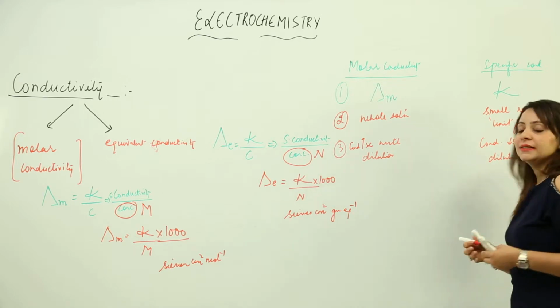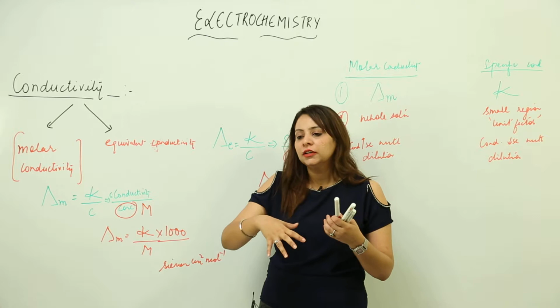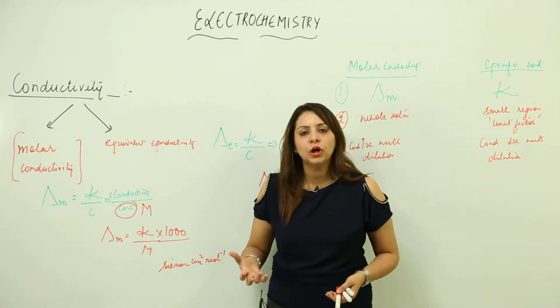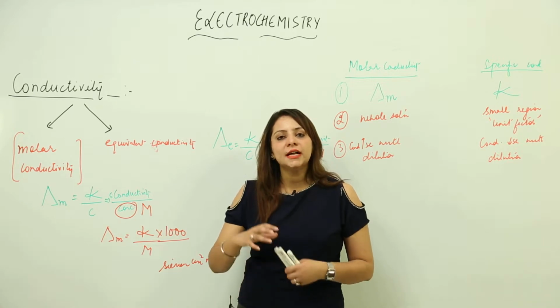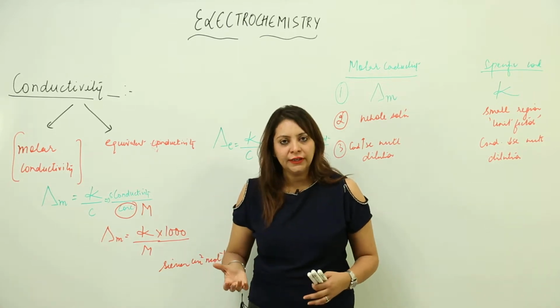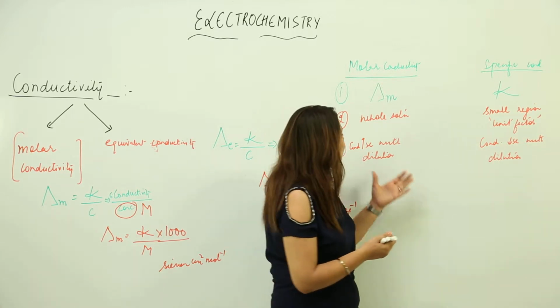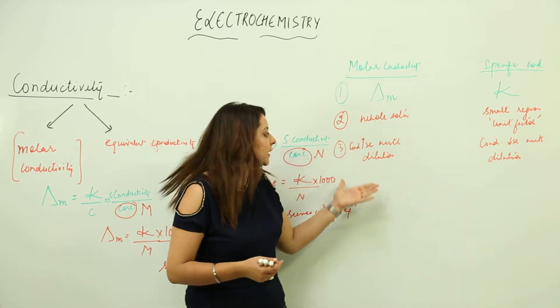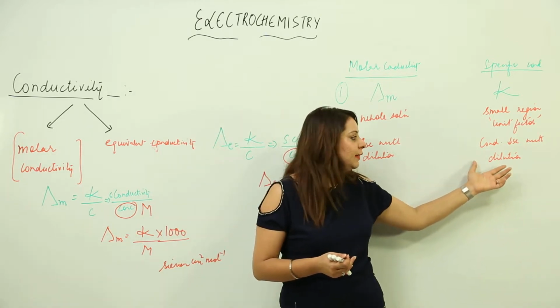First, what is dilution? Dilution means we are increasing the amount of solvent in a solution. If the solvent is water, I am adding more water into it and making the solution less concentrated. So molar conductivity increases with dilution and specific conductivity decreases with dilution.